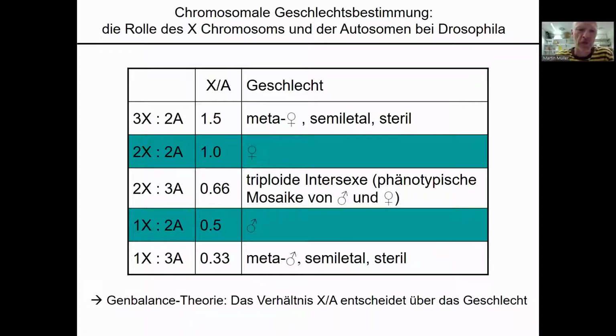So if the ratio is below 0.5, you become male. If the ratio is above 1, you become female. If it's in between, you have a fly which is phenotypically male or female. So much about sex determination in fly.